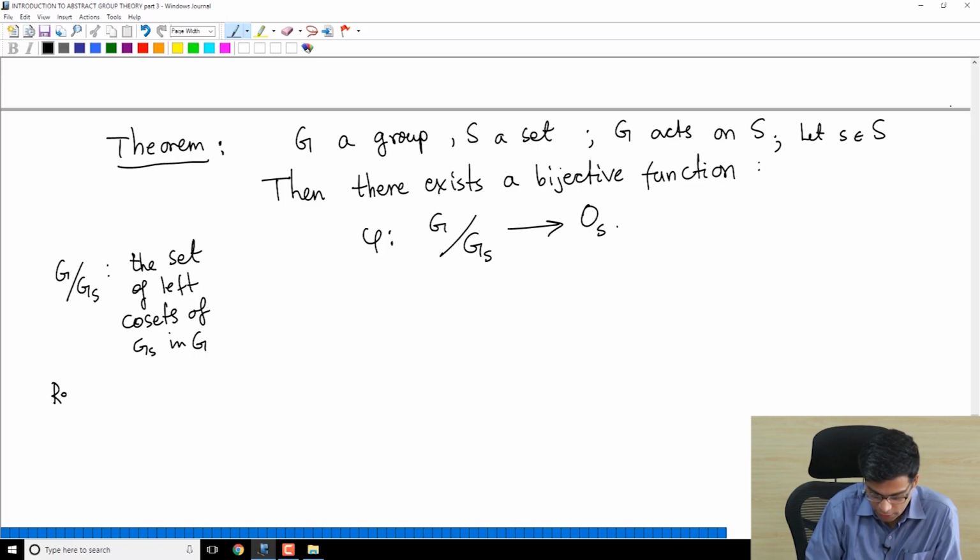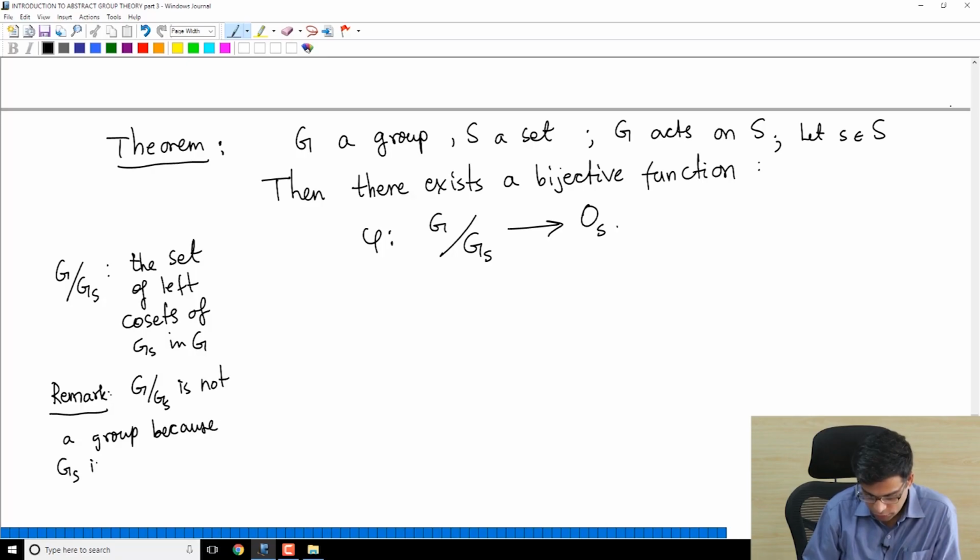I must remark here that this is not a group, because Gs is not necessarily a normal subgroup.